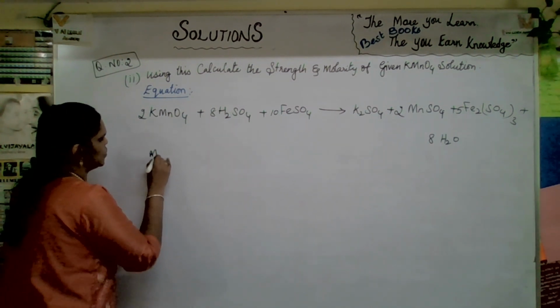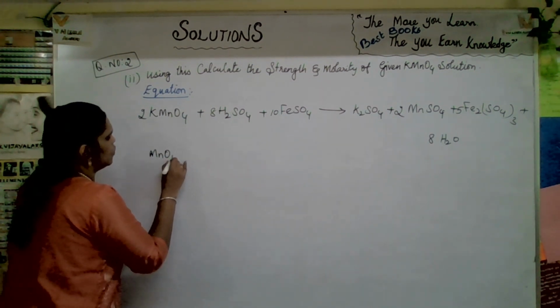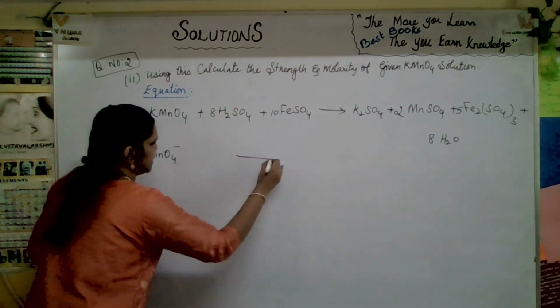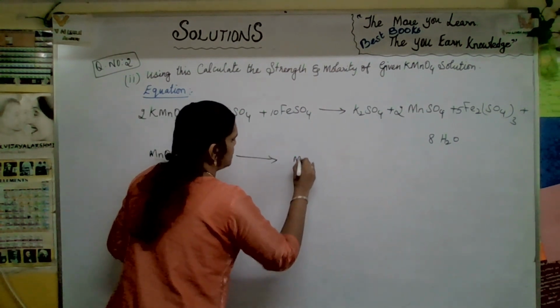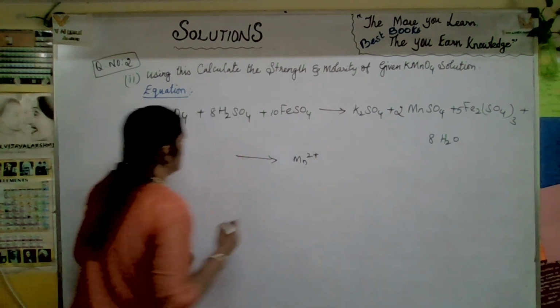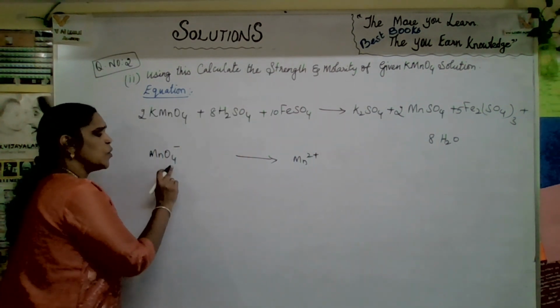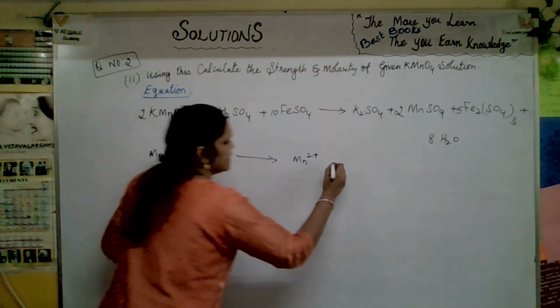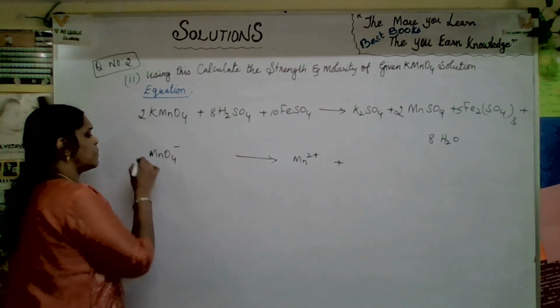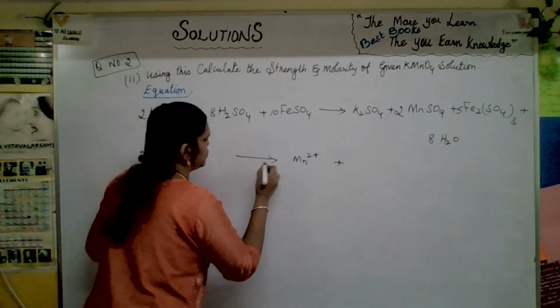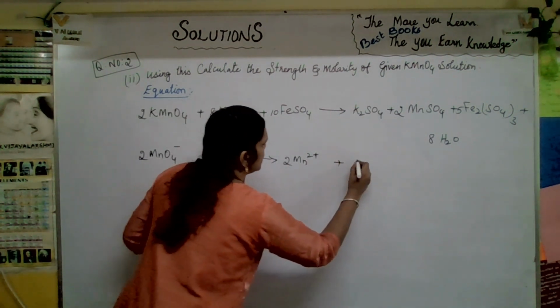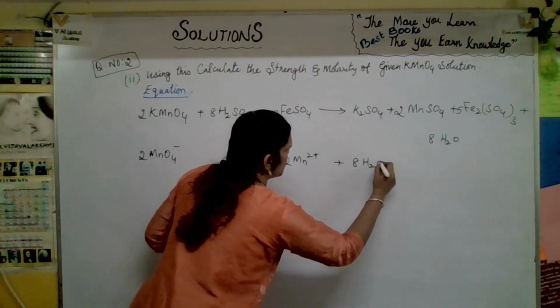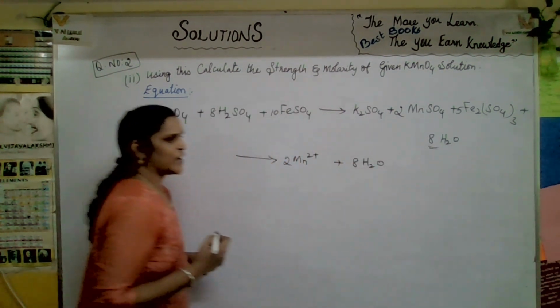So you will come to know very clearly: MnO4 minus gives Mn2 plus. Right. Now here how many oxygen atoms are there? That many water molecules. Now if you write 2 here, then here also 2, here 8 H2O. I hope you got an idea.